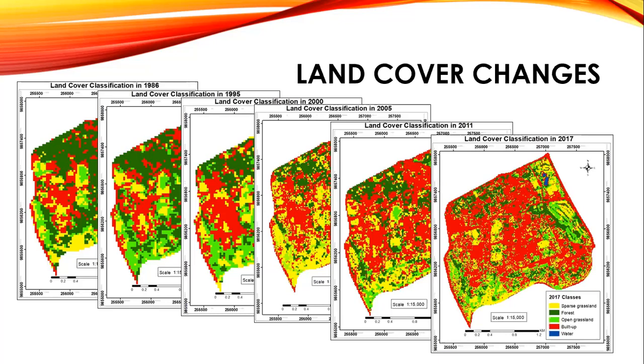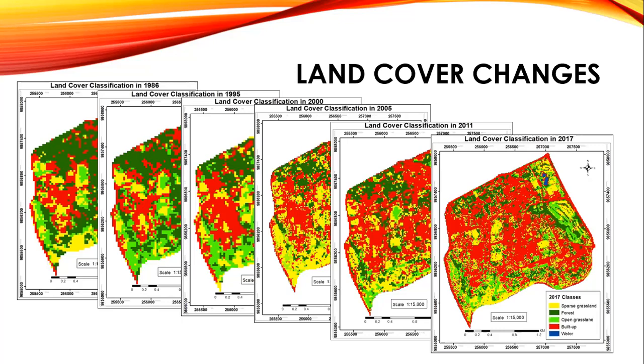From 1986 to 2017, if you looked at the area, it showed that there had been a greater increase in built-up areas, a very high percentage of over 20%. One of the land covers that was greatly affected was forest land cover.